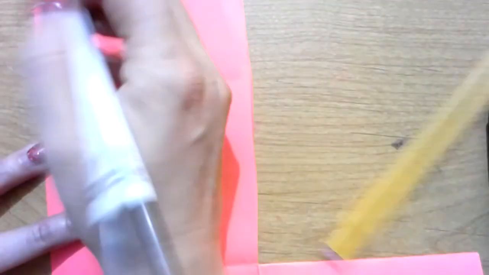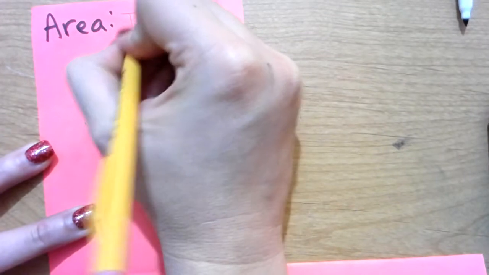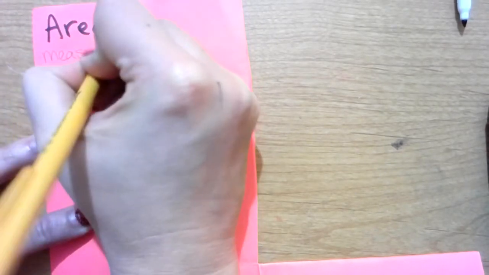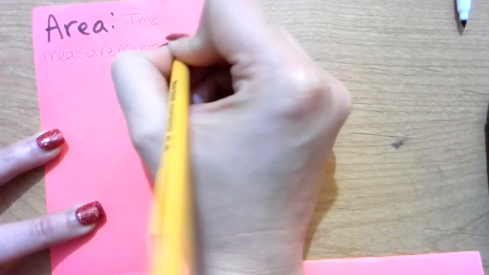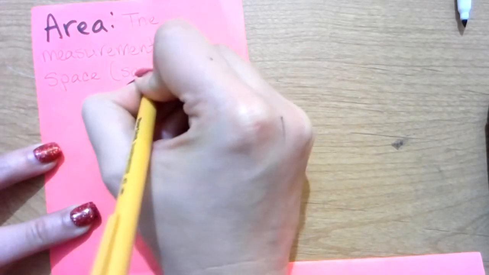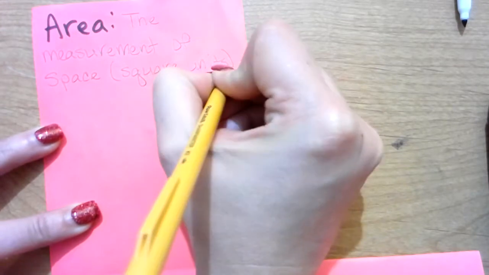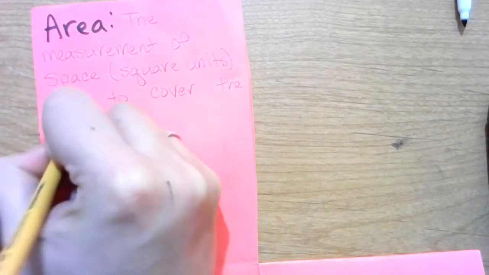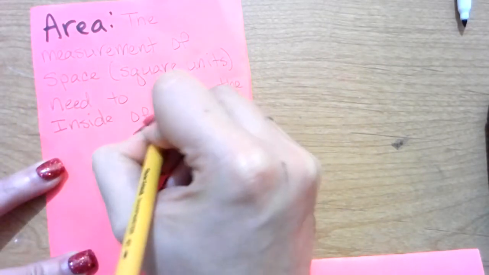We're going to write an area first, the top of it. So area, the measurement of space, and I'm putting in parentheses square units, needed to cover the inside of an object.